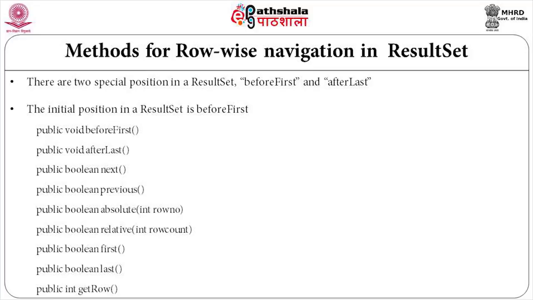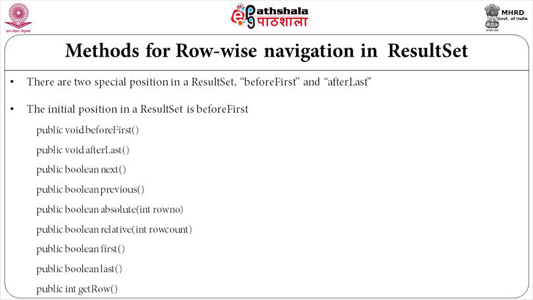Again, special rows. We even have a method called first. Anytime you want to go back to the first row, the first method takes you to the first row. This also returns a Boolean, because it's not necessary that you have a first row. There might be 0 rows. So if you say first and there are no rows at all, it returns false. In the same way, we have the method called last to go to the last row.